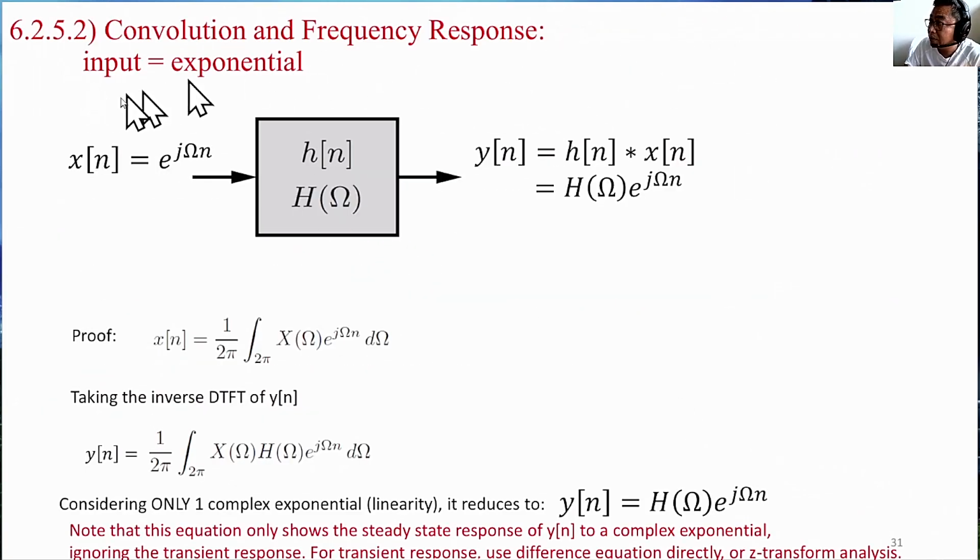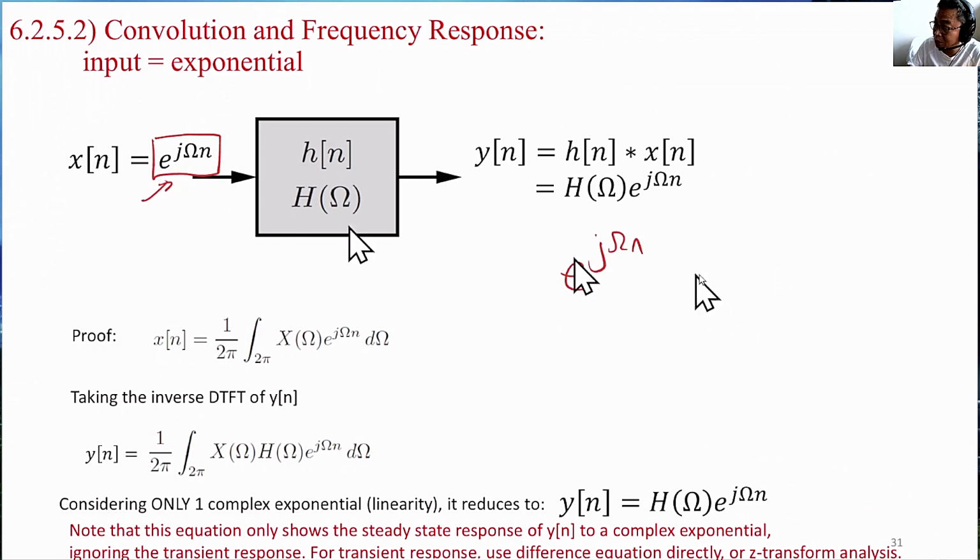Let's examine the convolution and frequency response with respect to the simplest signal that we can think of, which is the complex exponential. The complex exponential is an eigenfunction of an LTI system. What it means is that when a complex exponential goes in, a complex exponential comes out, and what changes is simply the magnitude, which is A, and also the phase.